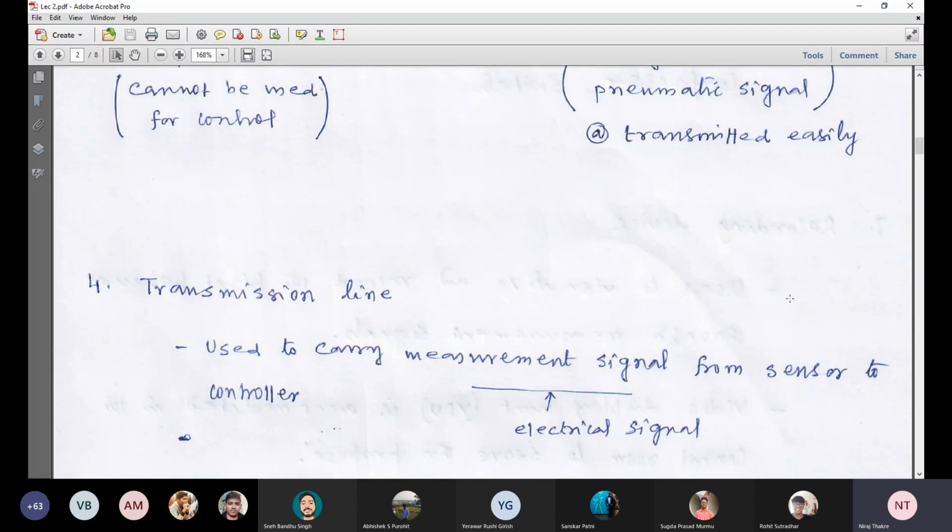Then we are converting that measured temperature to voltage by using a transducer. Then that voltage we want to transmit from the sensor and transmitter combined system to the controller. So for that we need one transmission line. Transmission lines are used to carry the measurement signal from the measuring device to the controller.